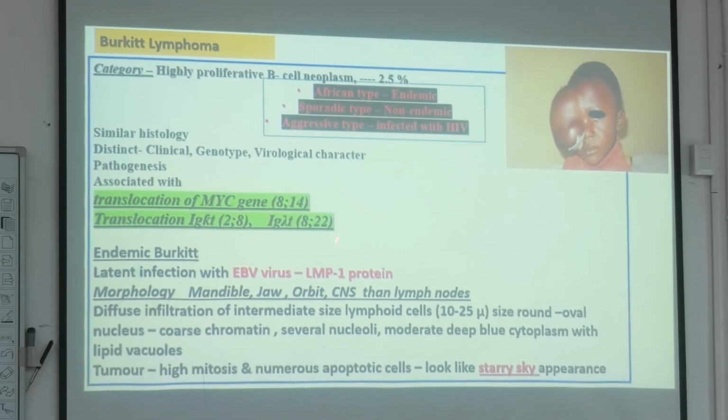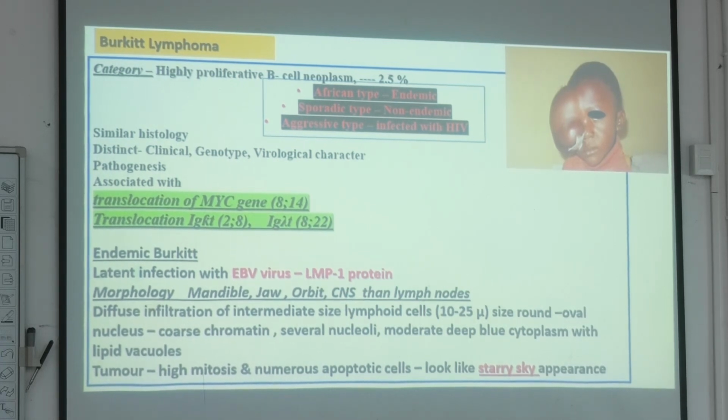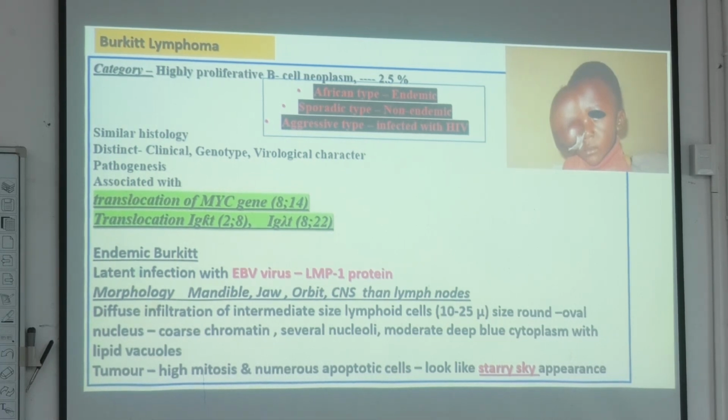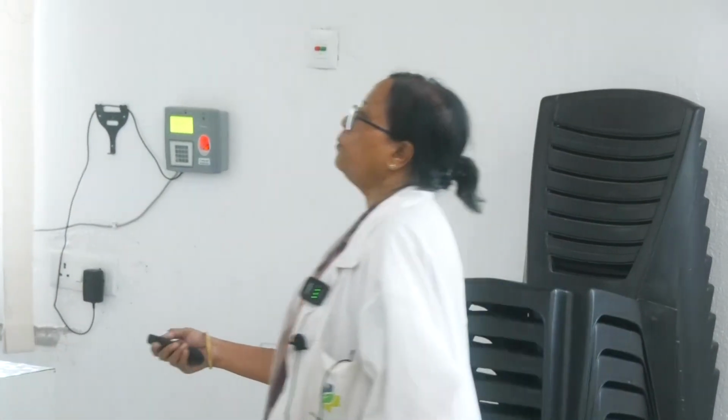What is this? These patients are usually affected by EBV infection. When the EBV infection occurs, it gives rise to a latent LMP protein once present in their system, and that LMP protein is responsible for this lymphoma.